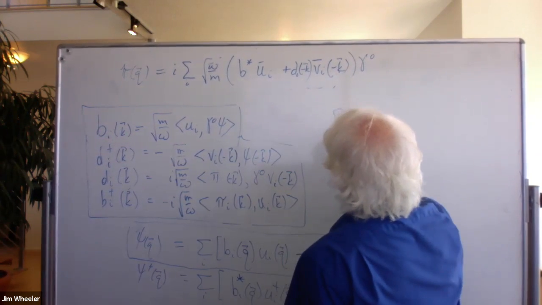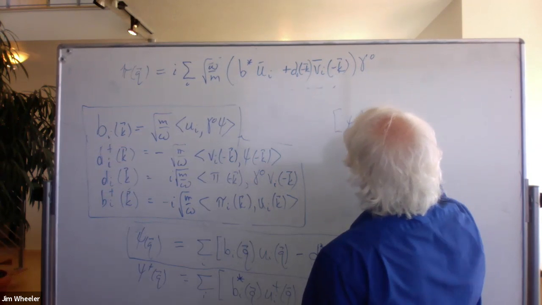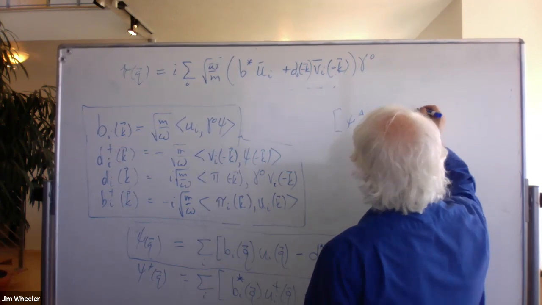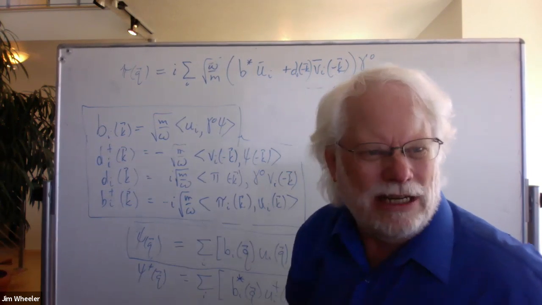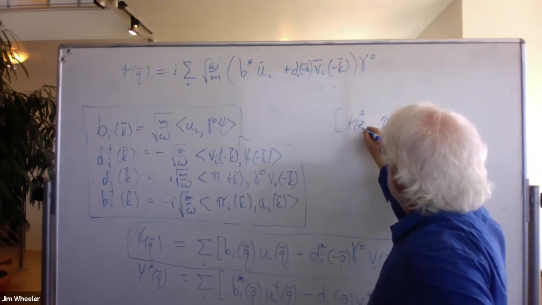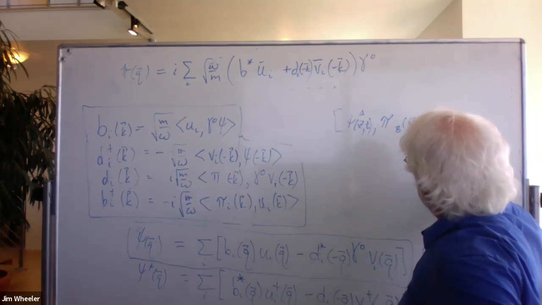So psi A with pi B. And these are equal time commutation relations. So x and t, and this will be y and the same time t.